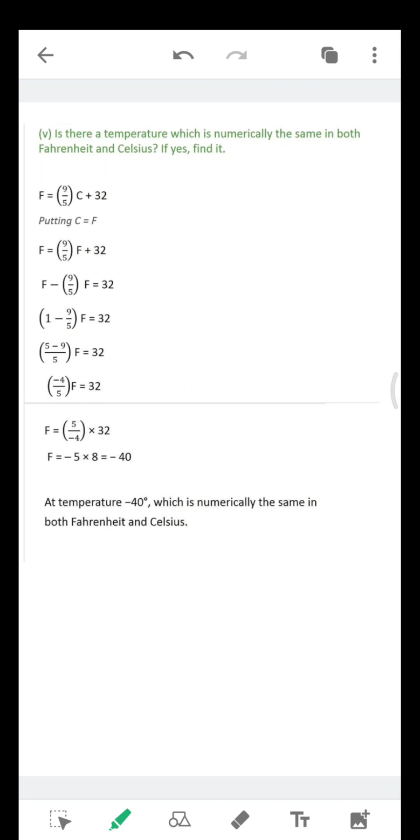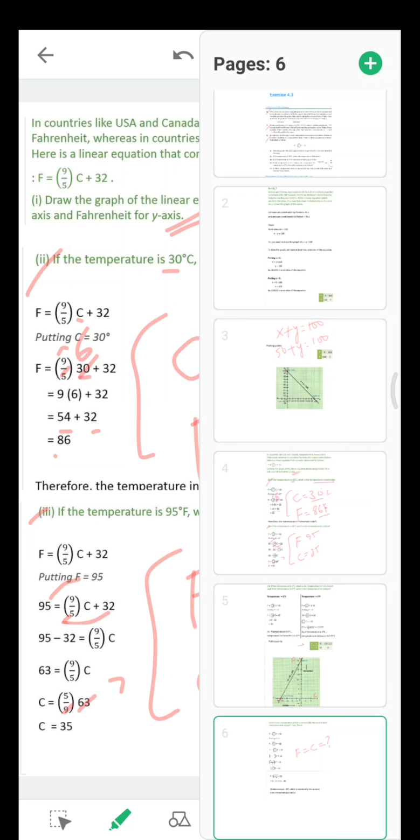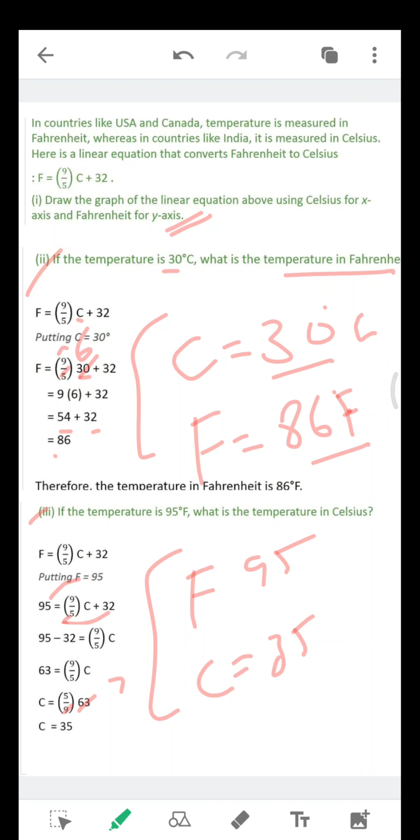Is there any temperature which is numerically the same in both? So is there any temperature at which both Fahrenheit and Celsius show the same units? From the beginning we have been saying that if Celsius is showing 30 degrees, Fahrenheit is 86.